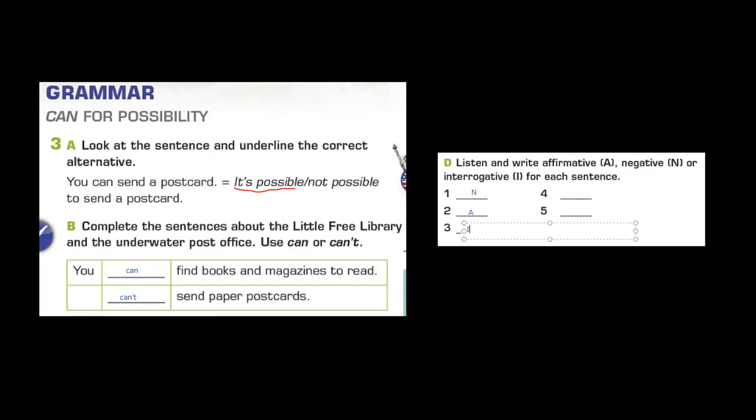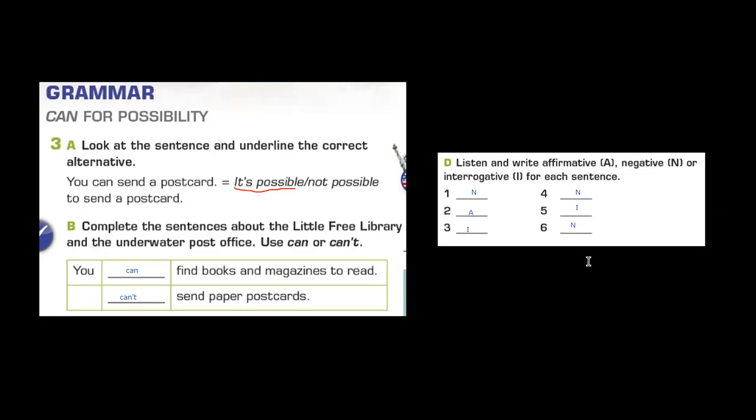Interrogative. Excellent, interrogative, very good. Sentence number 4? Negative. Very good. What about number 5? Interrogative. Exactly. And the last one, number 6? Negative. Excellent, good job.